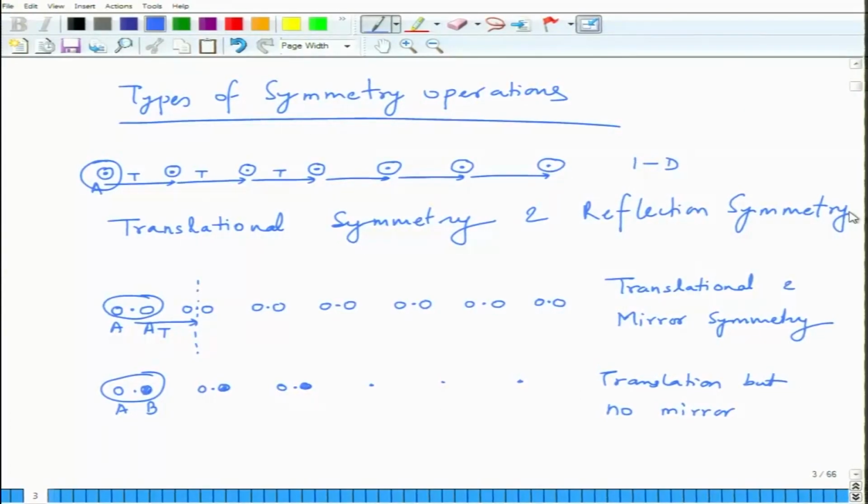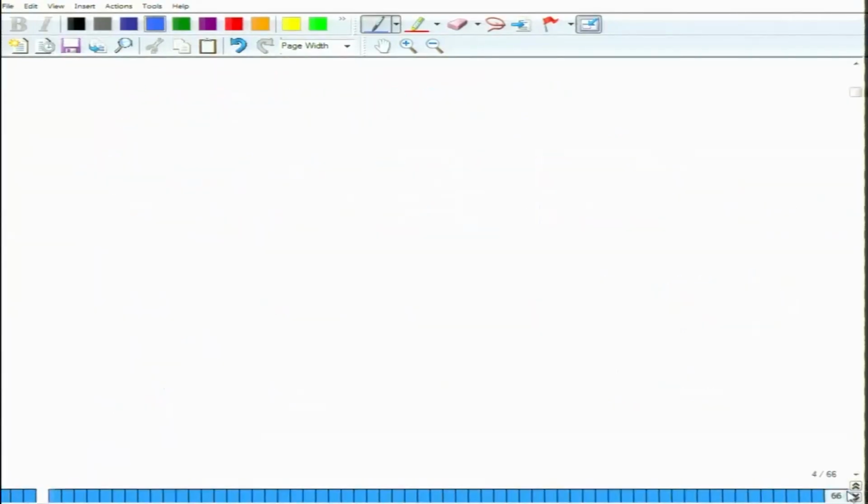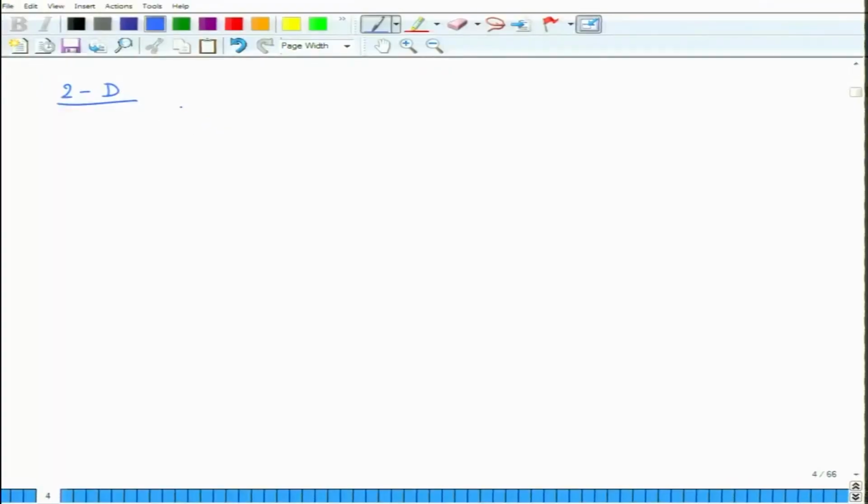Let us move to a little bit more complicated case. Let us now go to 2D. We have seen two of them, translation and mirror; they are applicable from 1D to 3D. In 2D, there is an addition of what we call a rotation element.